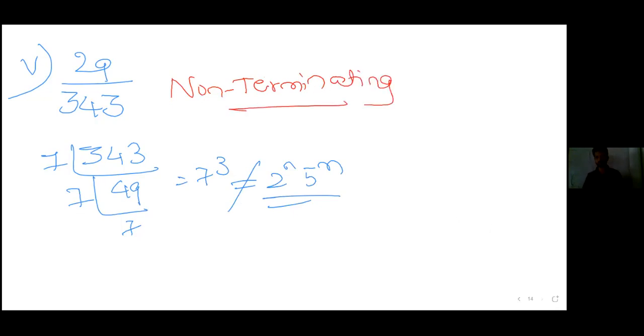I hope everyone is clear with these examples. Also, one more example from your exercise, that is the seventh problem. 129 divided by 2 square, 5 to the power 7, 7 to the power 5. Tell me whether it is terminating or non-terminating. It's very easy, right?